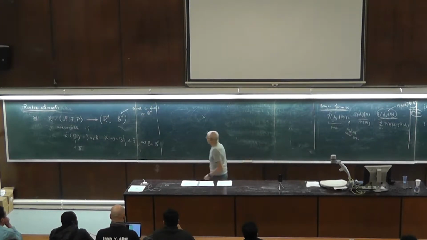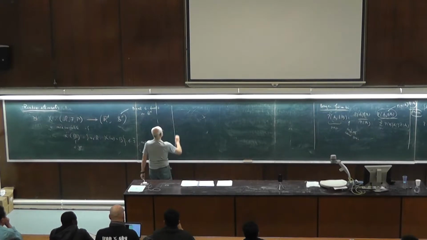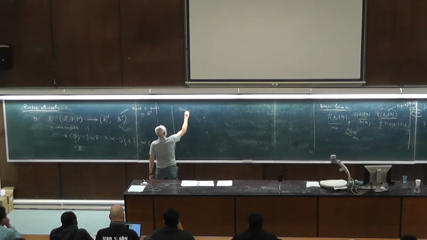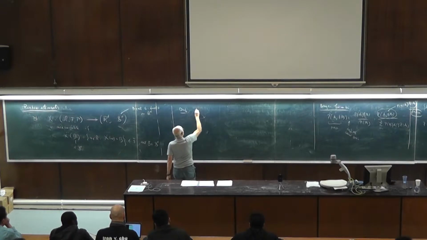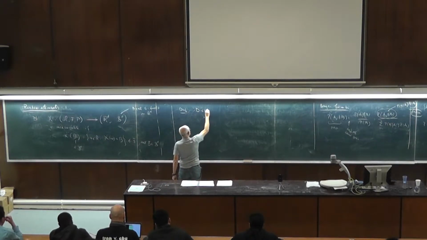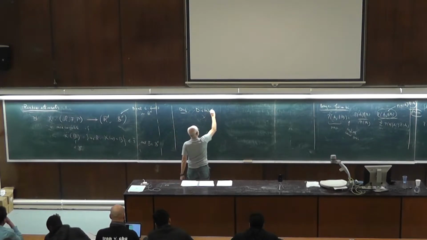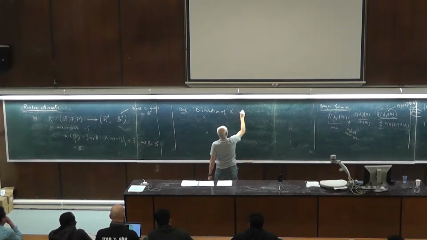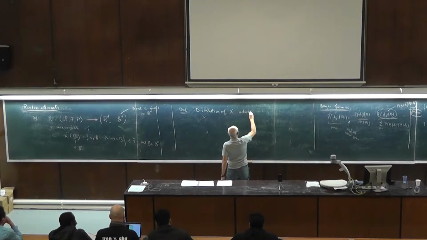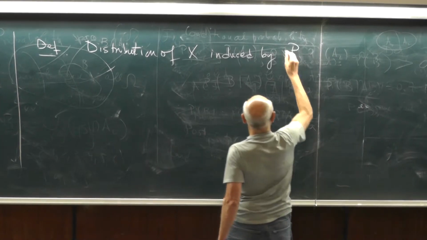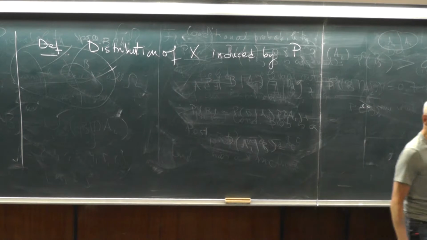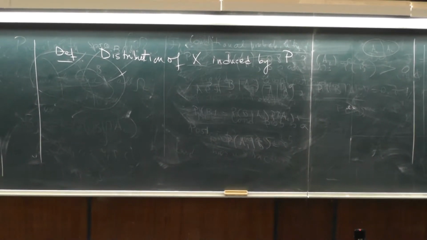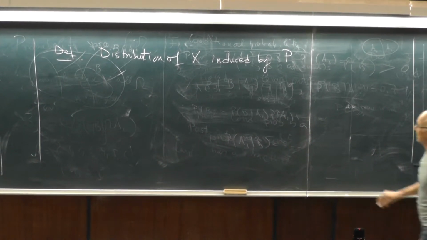So the second definition is the distribution of X induced by P. And we know P is a probability measure, right? It is the following.